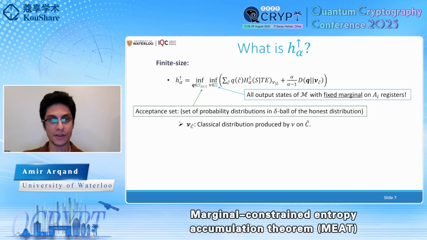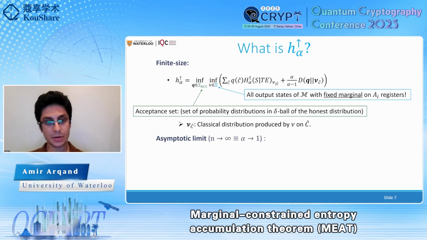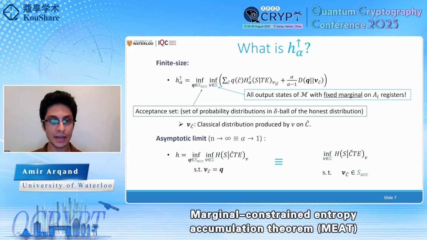But to get a little bit of an intuition of what this thing is, let us look at the asymptotic limit, which corresponds to the limit of alpha to 1, where we can recover the following result: we end up with an optimization with a hard constraint, where the probability distributions have to lie within the acceptance set.